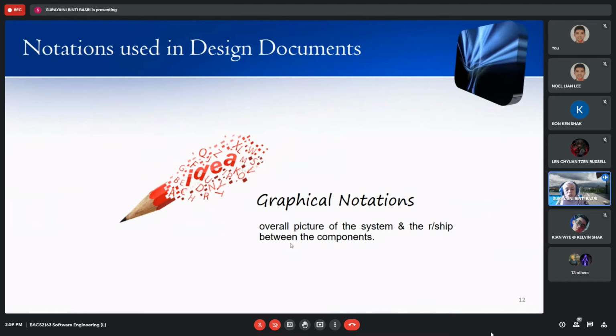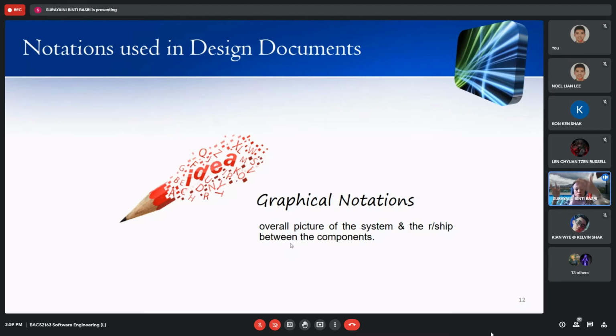For this one, there is no very strict notation that you must use. It is not like a flowchart, where you need to use a diamond to picture an optional flow.